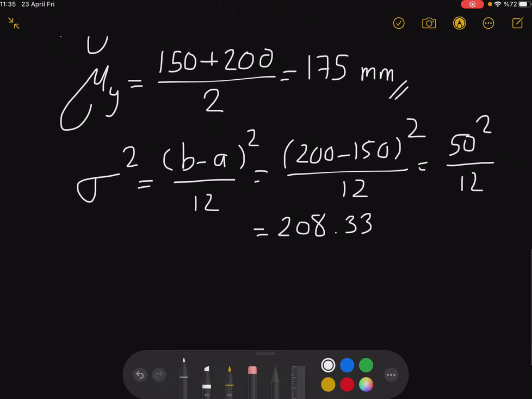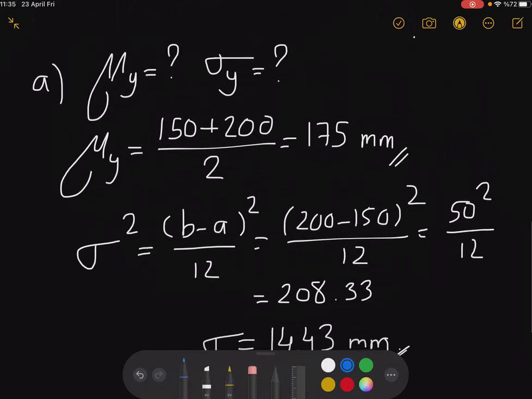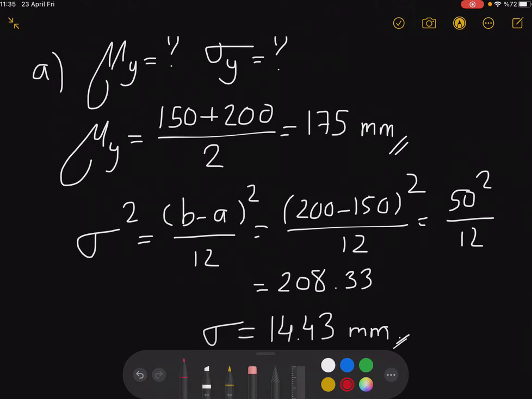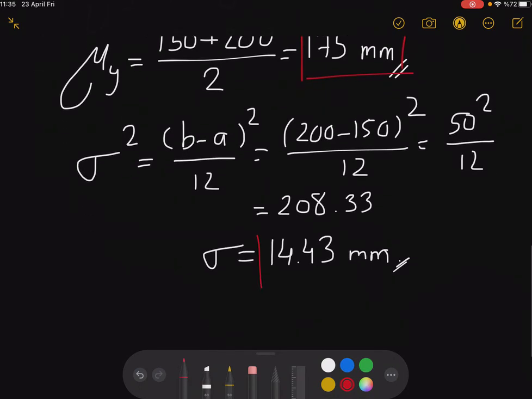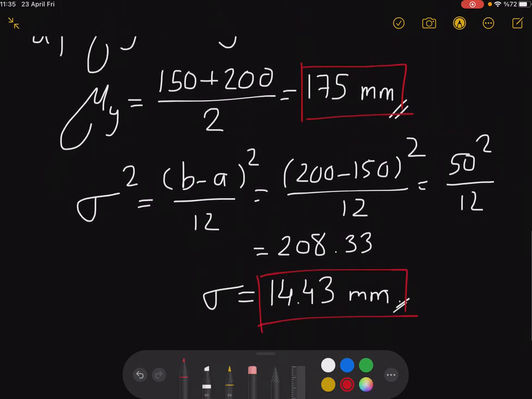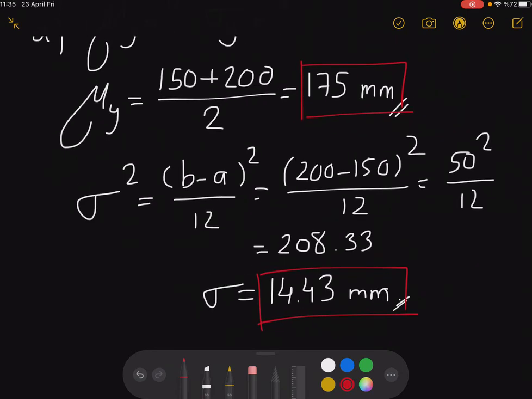When you take the square root of this, sigma should be 14.43. Now I can place a unit here since it is standard deviation, and the answers to part A will be this one for the average and this one for your standard deviation.